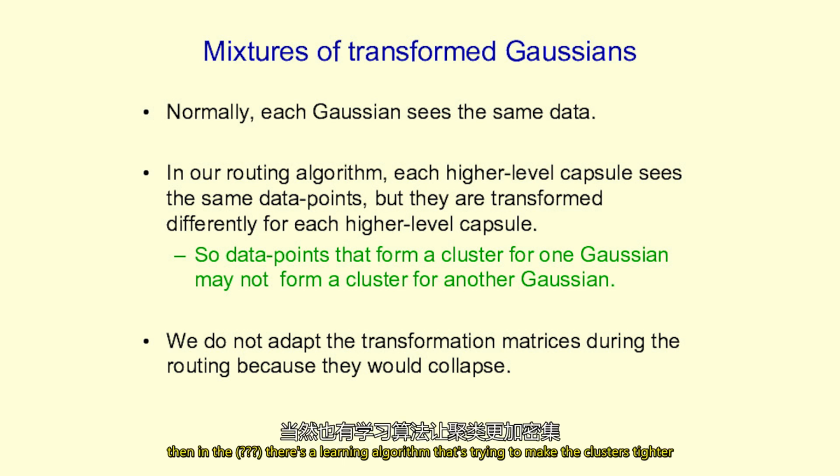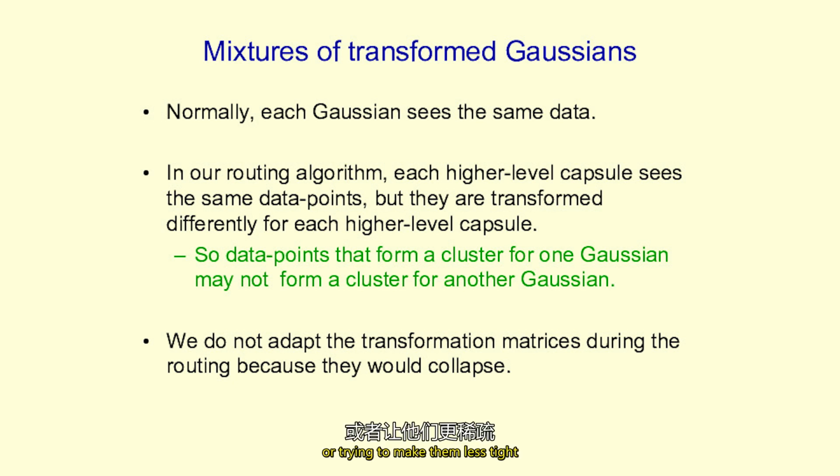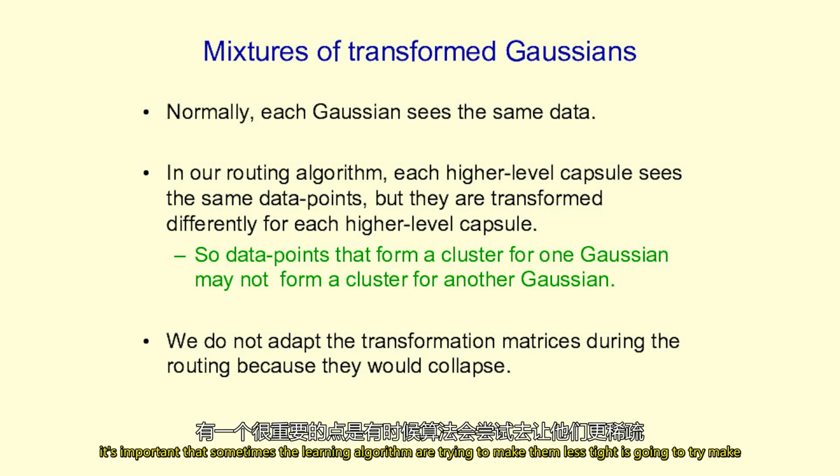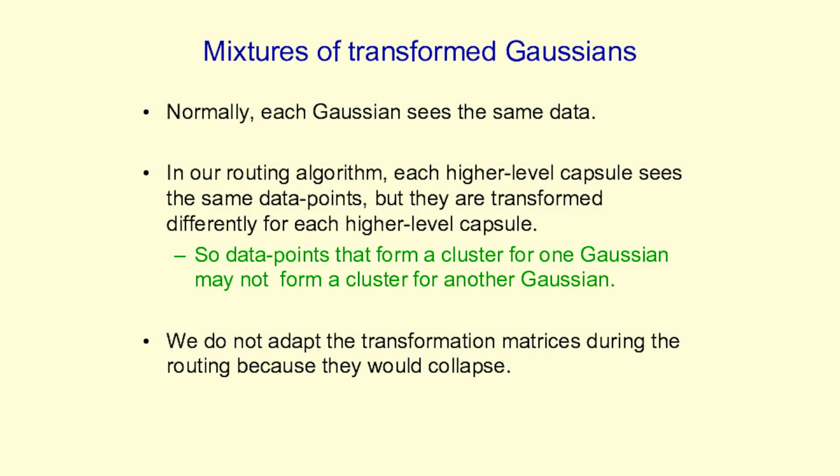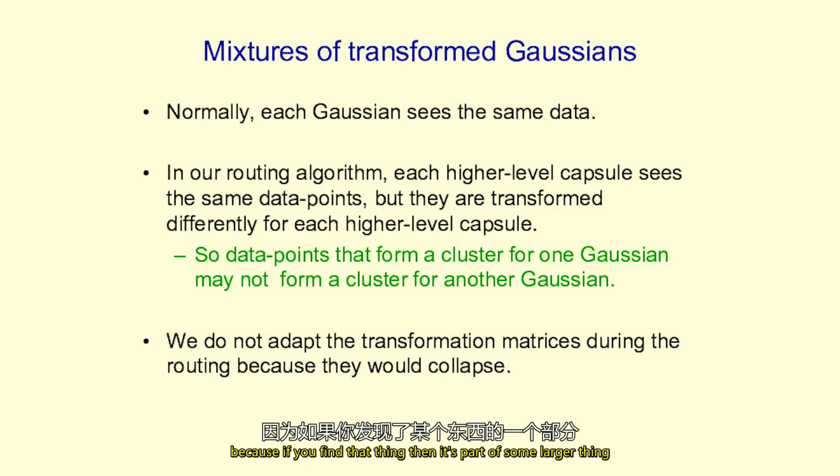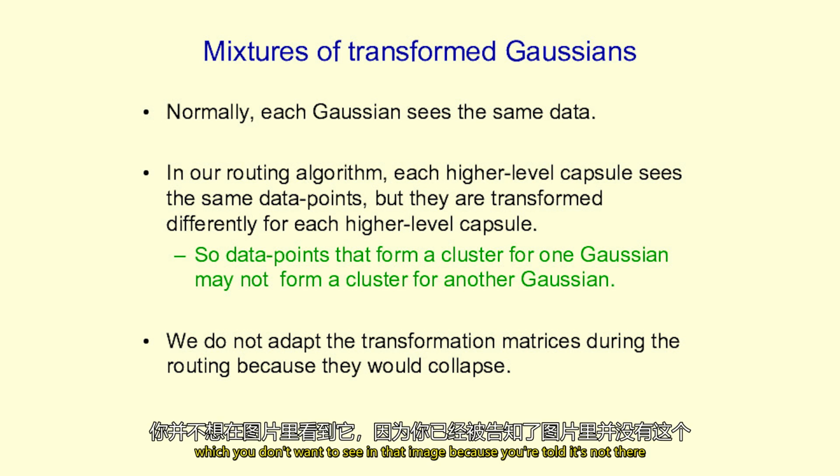Then in the outer loop, there's a learning algorithm that's trying to make the clusters tighter or trying to make them less tight. It's important that sometimes the learning algorithm is trying to make them less tight, because if you find that thing, then it's part of some larger thing which you don't want to see in that image because you're told it's not there.